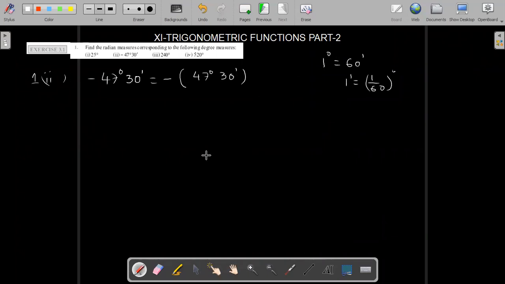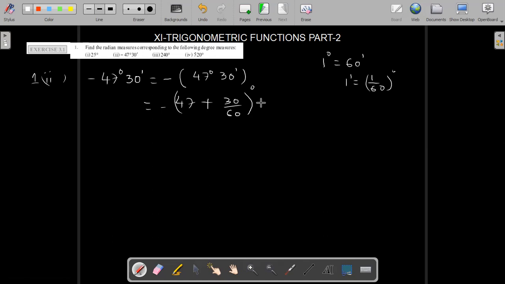47.5, or we will write it in fraction actually, so that will become easy for calculation. Otherwise, we can do decimal also. No problem. 47 degree 30 minutes means 47.5, you can write directly. So 47 plus 30 minutes divided by 60, this becomes a half degree.